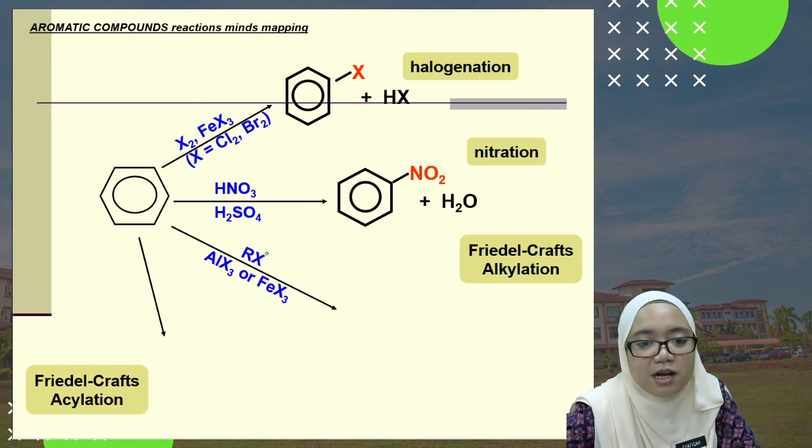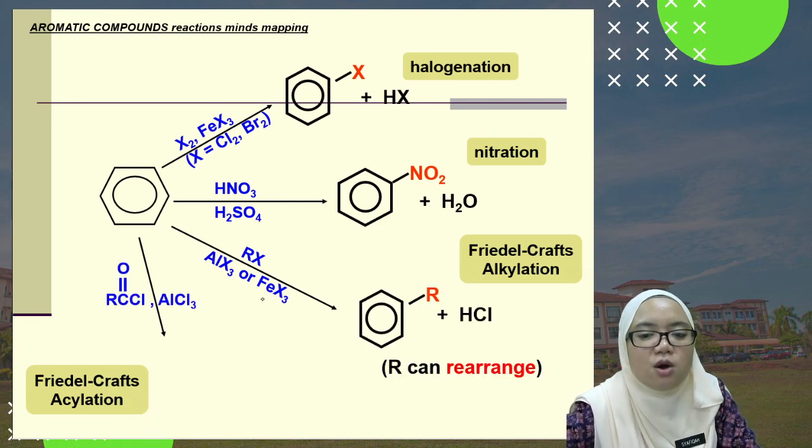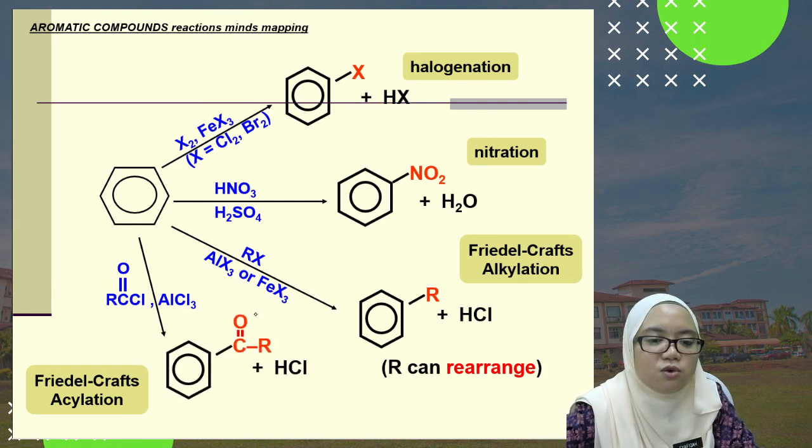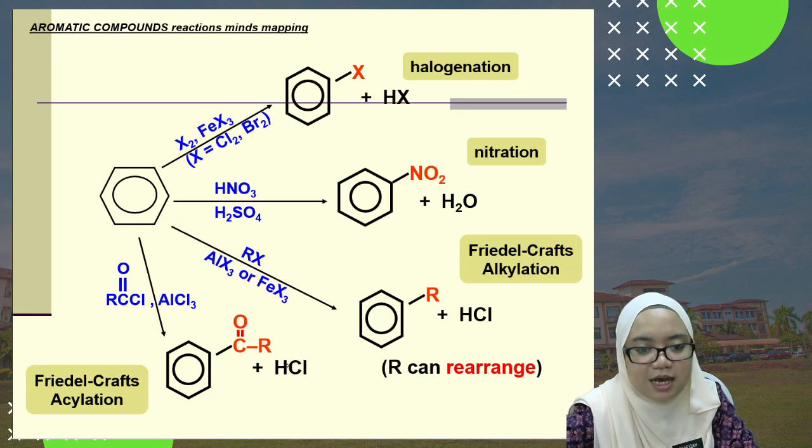So kita perlukan haloalkane with the presence of Lewis acid AlX3 ataupun FeX3. And last one, we have the Friedel-Crafts acylation where we transfer the acyl group into the benzene ring. Okay, so we form ketone plus HCl.